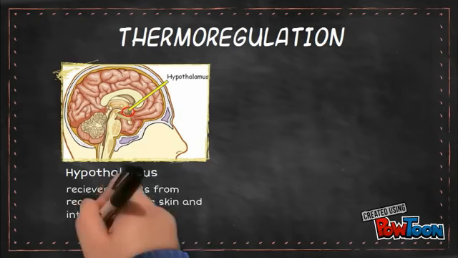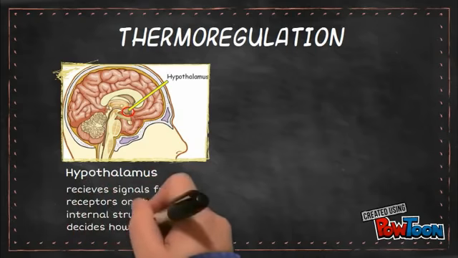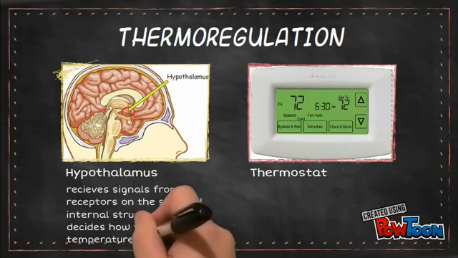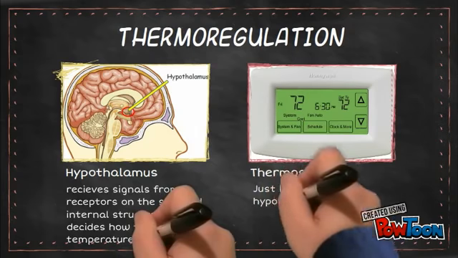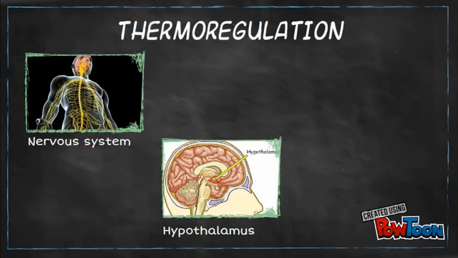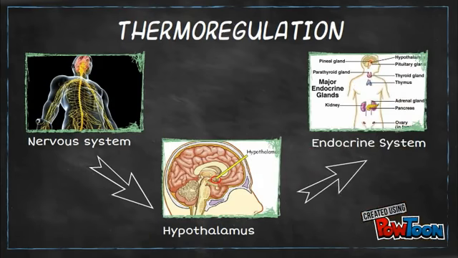It receives signals from receptors on the skin, as well as internal structures, and decides what should be done. This is just like a thermostat in your house, turning on and off the heating or air conditioning. The hypothalamus links the nervous system, where the receptors are, to the endocrine system, a collection of hormone-secreting glands.